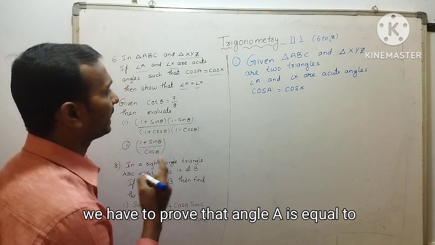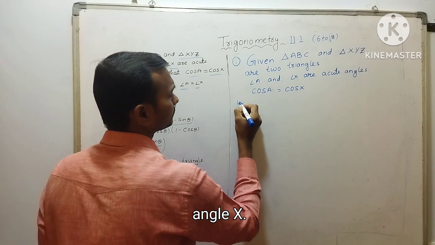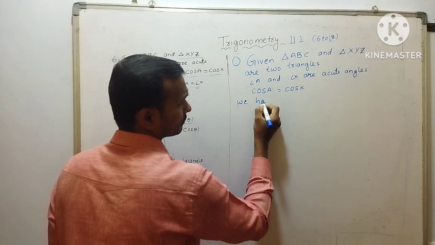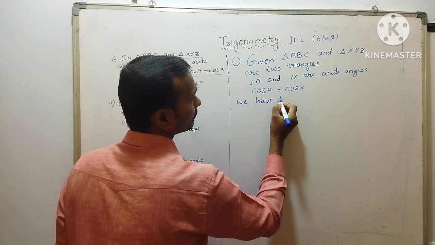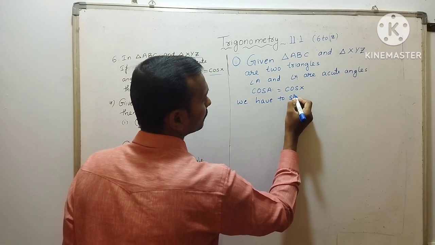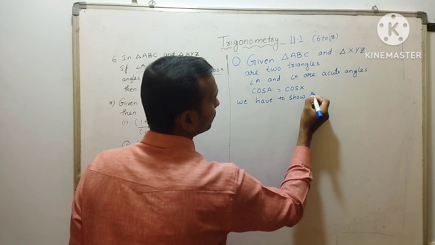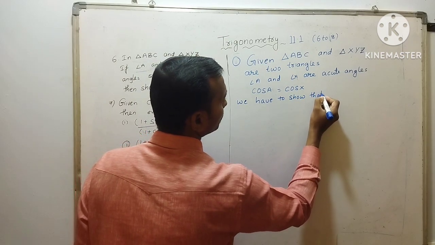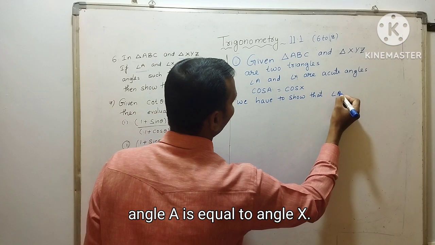We have to prove that angle A is equal to angle X.